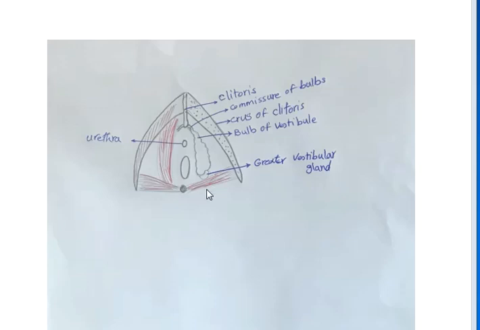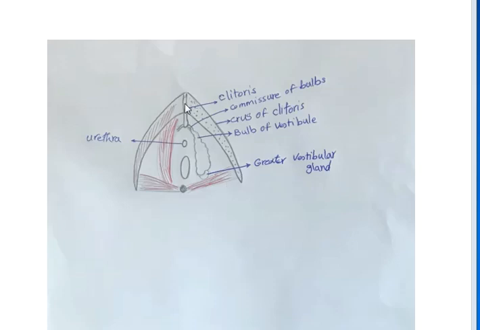I'm sure you remember the bulbourethral gland in the male, and these are the greater vestibular glands. The greater vestibular gland that you can see here is in the superficial perineal space, but in the male the bulbourethral gland is located in the deep perineal space.